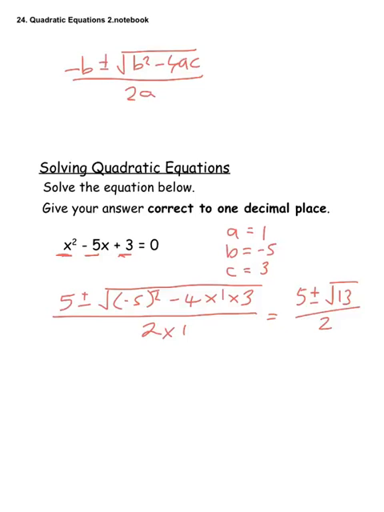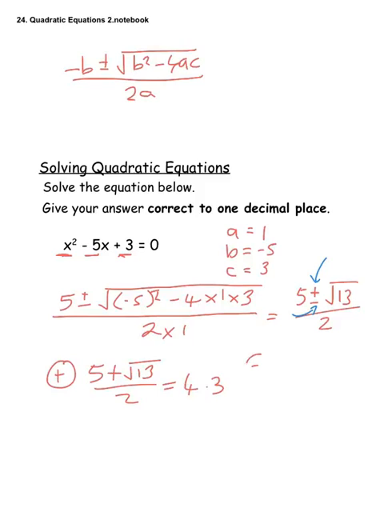Okay, so we need to figure out our two solutions from this. We are going to do one of this with a plus and one of this with a minus. Here we go. So here's the plus version first. 5 plus root 13 divided by 2 is equal to 4.3.